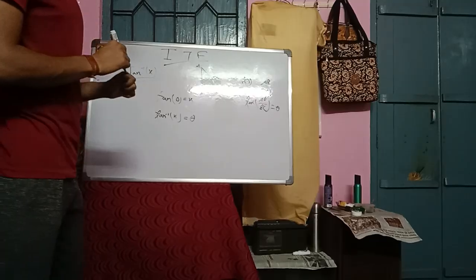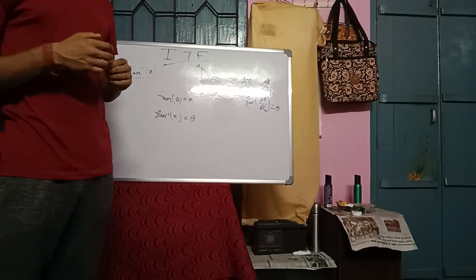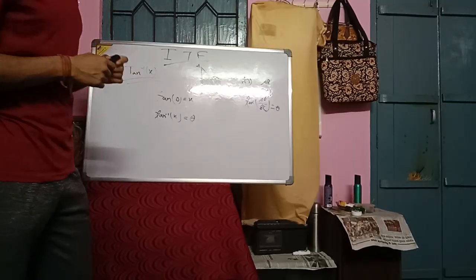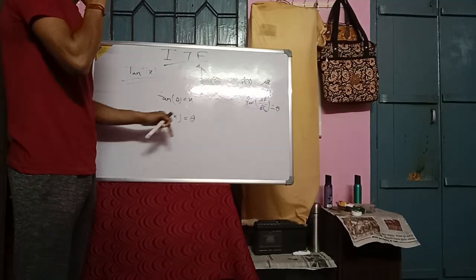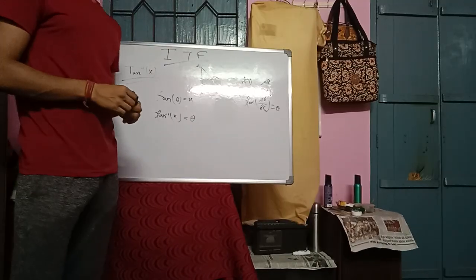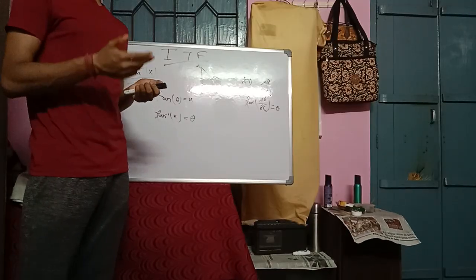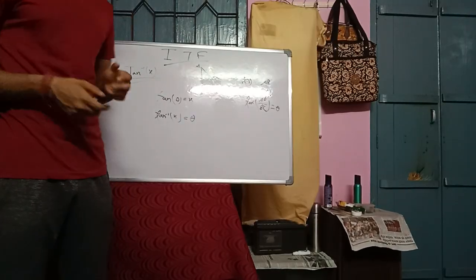But again, like what I told you in the sin and cos videos as well, this is not completely true. Why? Because trigonometric functions are cyclic functions, which means their values keep on repeating after a certain time.